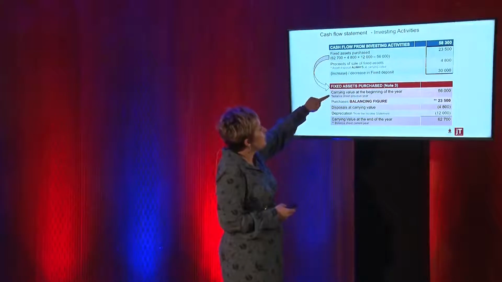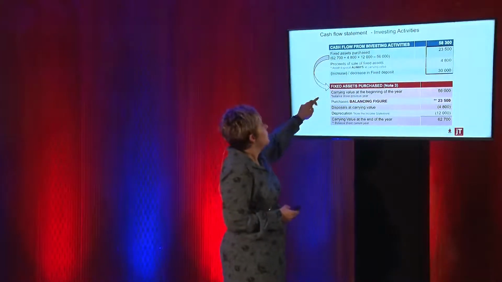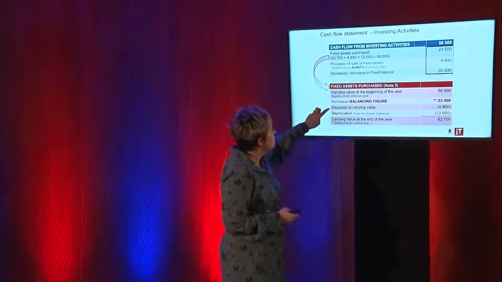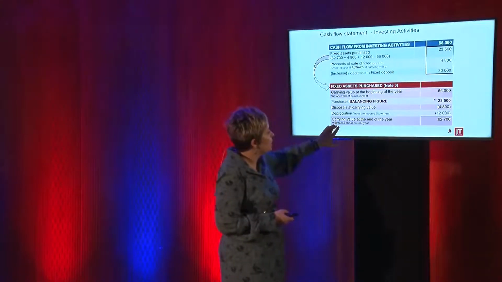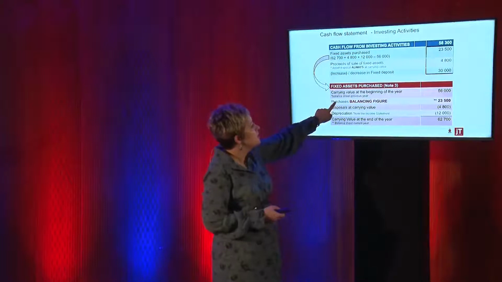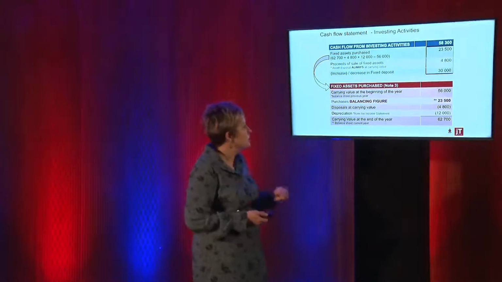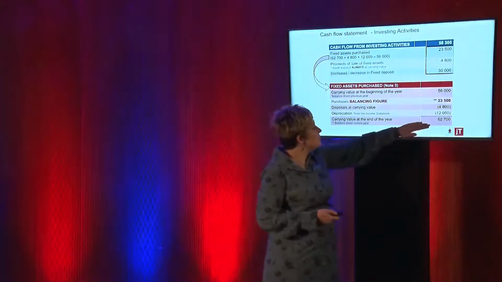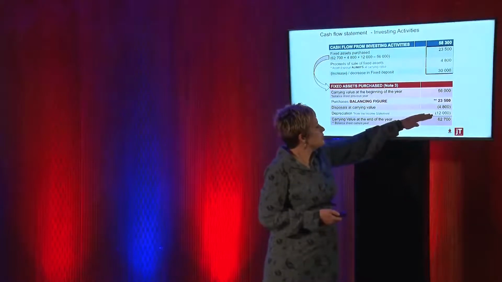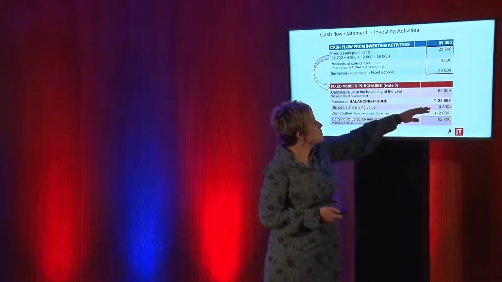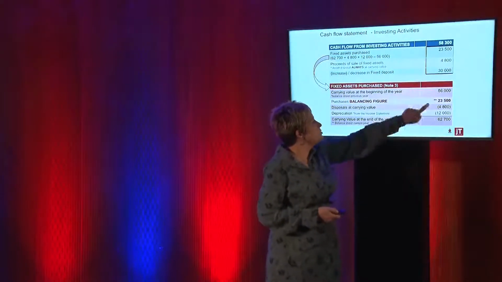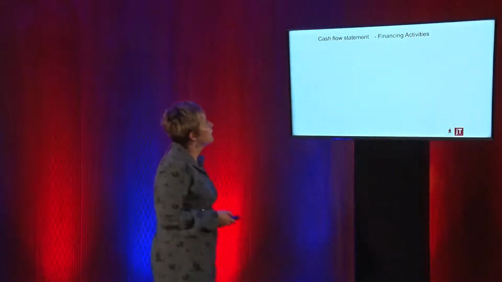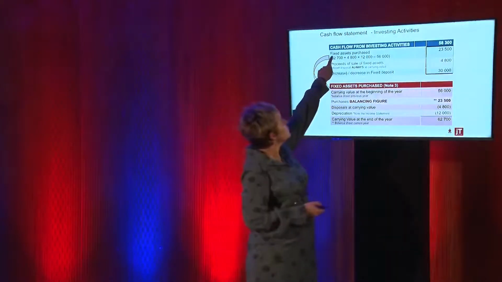You take your carrying value from your balance sheet, then you'll have your disposals and your depreciation to get the carrying value at the end of the year. So you're going to have to work back to get your balancing figure. Your amount at the end of the year plus back your depreciation plus your disposals minus your opening balance will give you your amount there. And then obviously you carry it to the top.